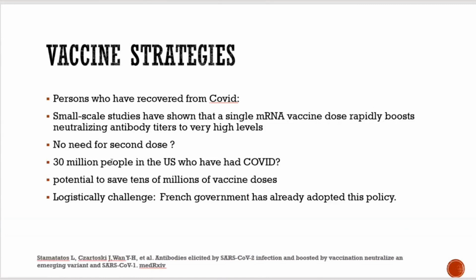That could really save a lot of doses, right? As an example, taking the US, 30 million people in the US who have had COVID, this could potentially save tens of millions of vaccine doses, right? And this is something that the French government has already started doing. From what I was reading, it looks like it's going to be more of a logistic challenge to track all these people and see who's had disease, et cetera, but certainly something to consider.